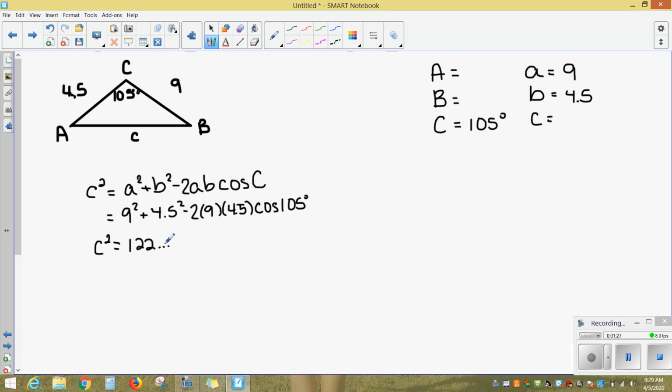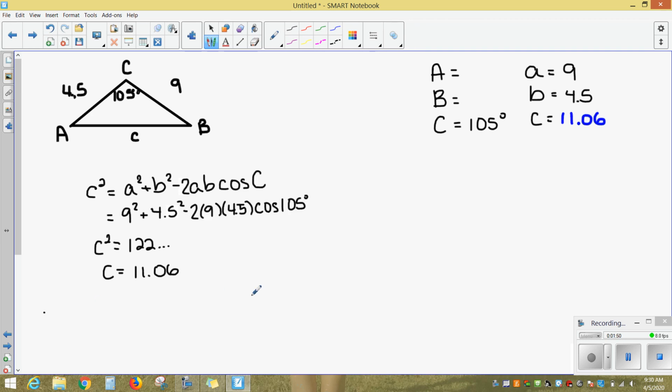I think that was 122 point something. I didn't actually write it in my notes, but it was something like that. But when we take the square root, and the instructions in the book say let's round to the nearest hundredth, to 2 decimal places, I found out that C has length 11.06.